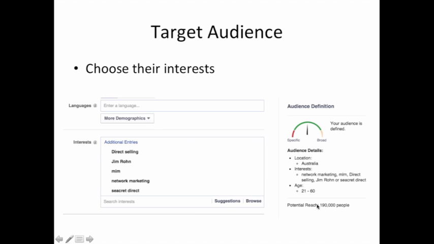You can see that the audience becomes more and more specified, so it narrows it down with these search terms down to 190,000 people. I also picked names of people that are well known and related to that industry, like Jim Rohn or Zig Ziglar.